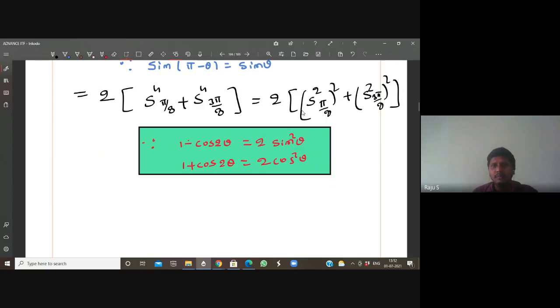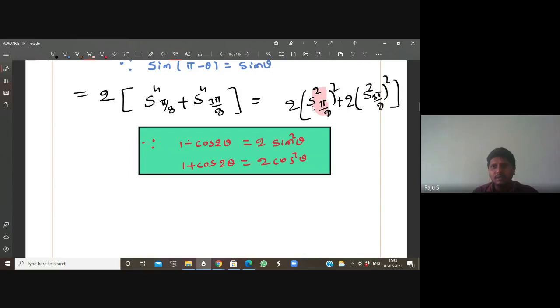So here, when I multiply with 2, 2 sin square will be there. Inside the bracket, sine square is there.